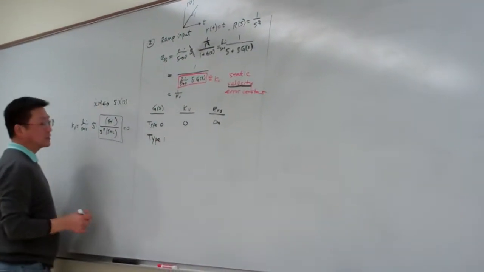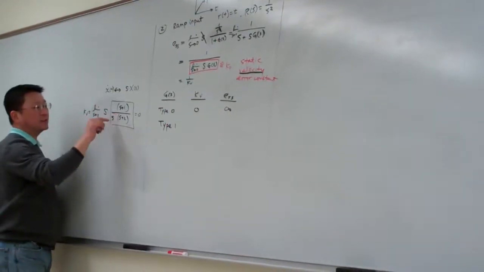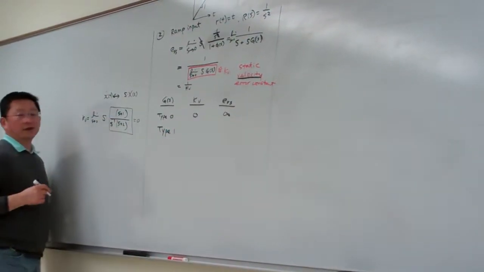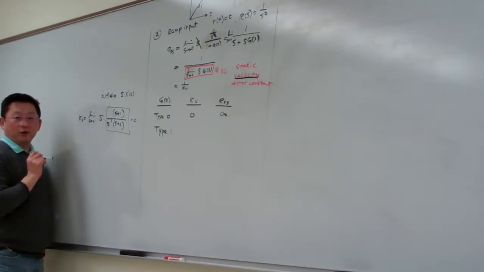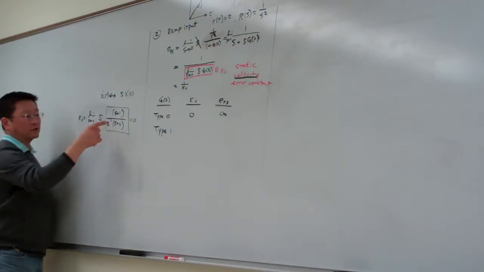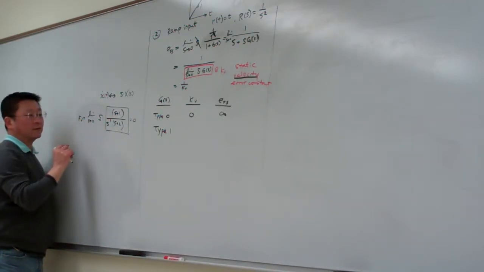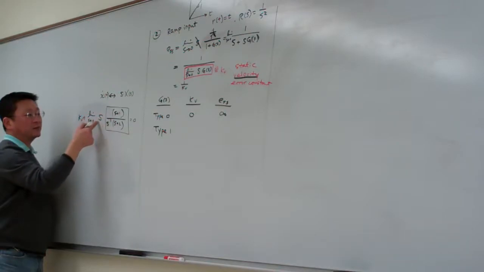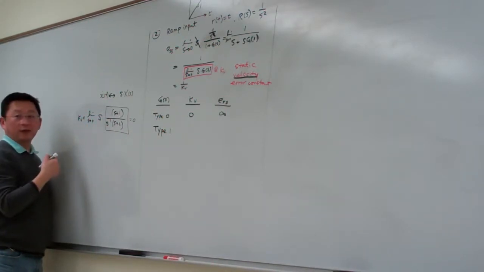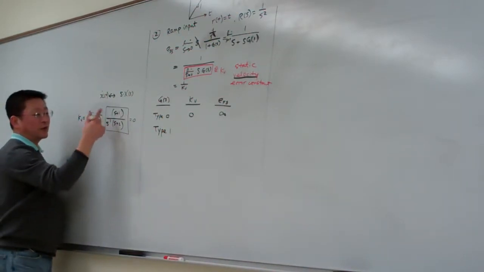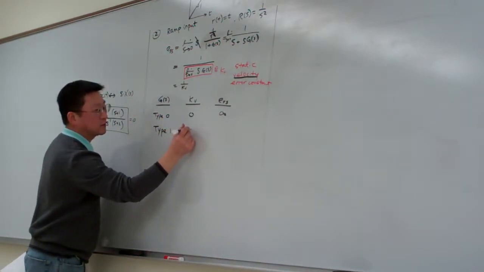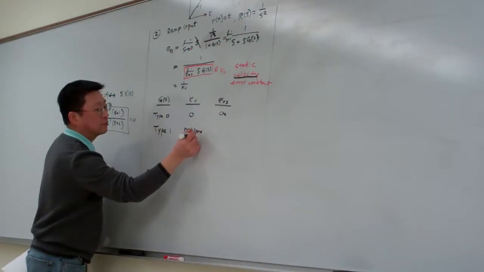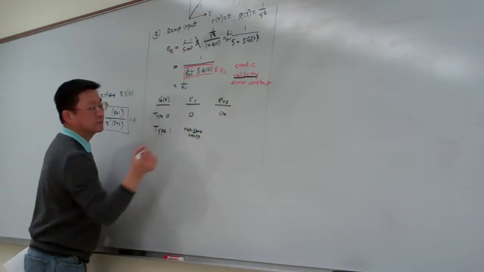Okay, so type 1. If this is a type 1 system, then we can do the exercise here. A type 1 system basically appears as a 1 here. Then we do the calculations. For type 1, you can write down here. I'm going to cancel this term out, so this one leaves this term as a constant. So Kv is a non-zero constant.